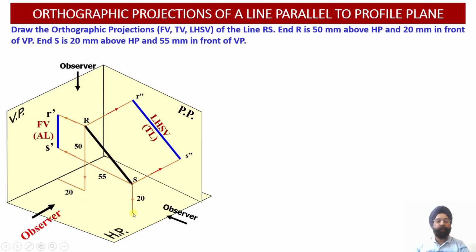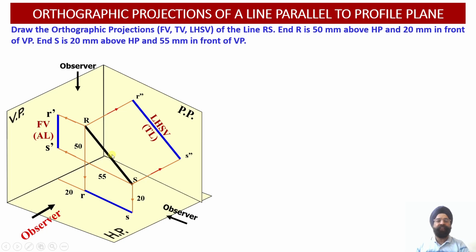That is, this will be the point S over here in the top view. Having obtained these 2 points R and S in the top view, we can join them. And this projection in the top view, which is obtained on the horizontal plane, will once again reveal the apparent length projections of this line RS.